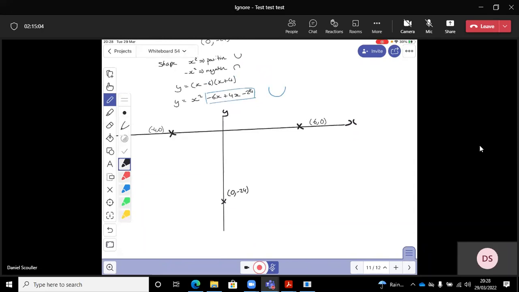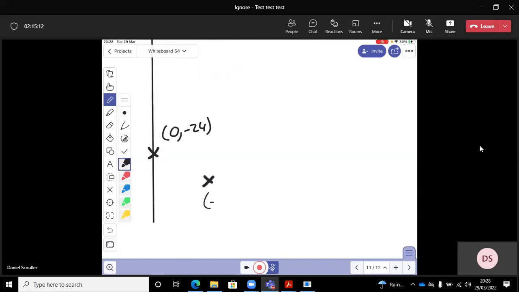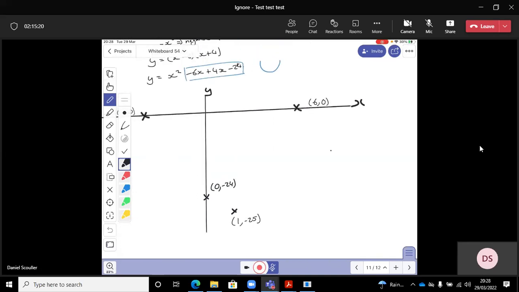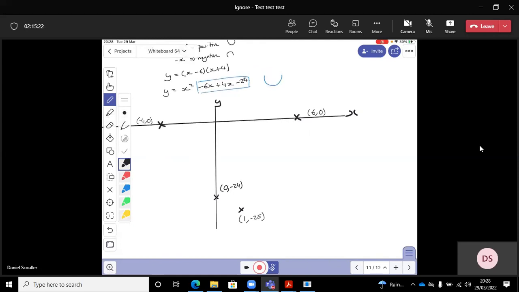And the turning point, the turning point was -1, no, it wasn't. It was +1, -25. That's all the information you need to be able to draw in the parabola.